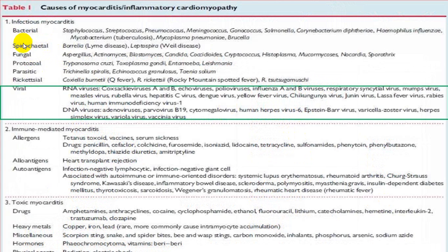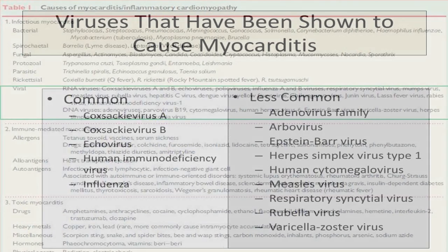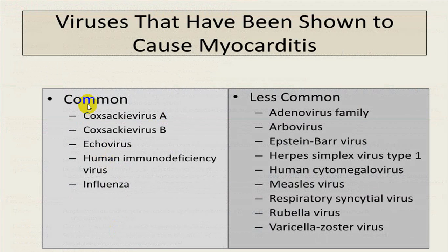Infectious etiology: bacterial, spirochete, fungal, protozoal, parasitic, rickettsial, and viral. Viral is most common. Then immune mediated, toxic. Majority of them we have discussed as common causes. Still there is a big list; you can go through it at leisure time. We have discussed the common viruses. These are other viruses which you can come across.